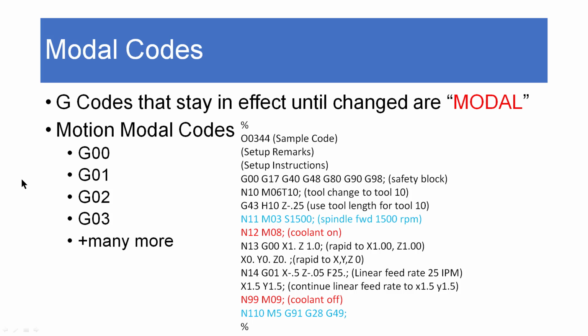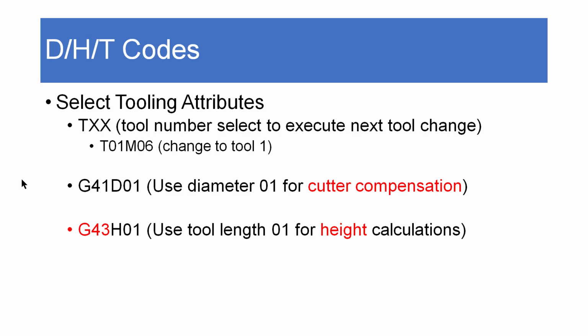Some of the modal commands you're going to see, the most common ones, are the motion commands. D, H, and T choose toolings. T is a tool number. Our tools are numbered in the mill from 1 to 20 for the stations that hold them. In the lathe, they're numbered from 1 to 12 for the stations that hold the tools.